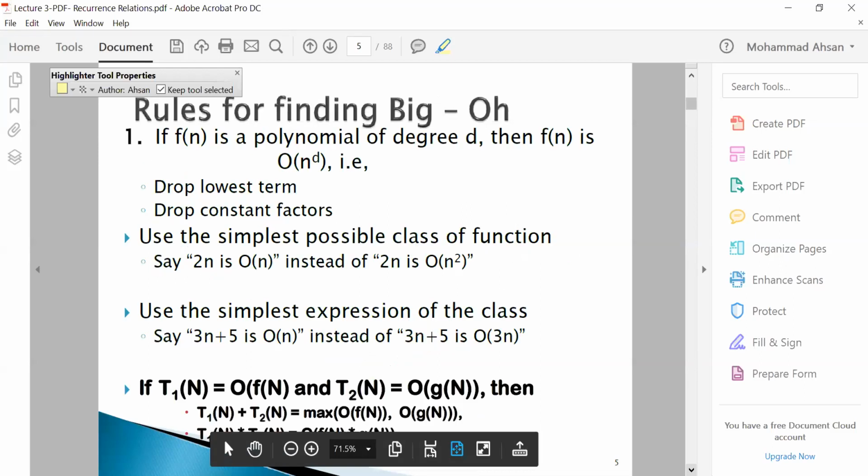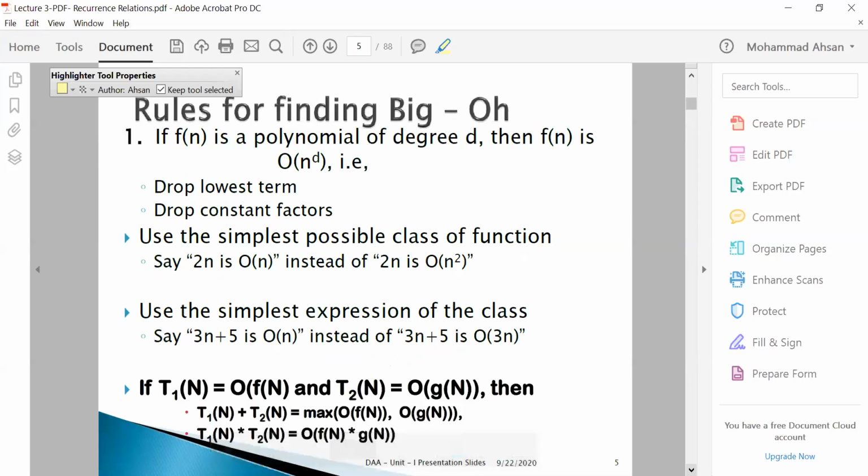So how do you find from a given function what the runtime is? If it's a simple polynomial function of degree d, then we straight away say that f(n) is O of n to the power d, the degree. Whatever lower order terms, we drop them.